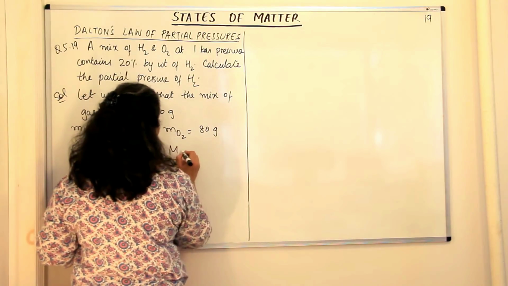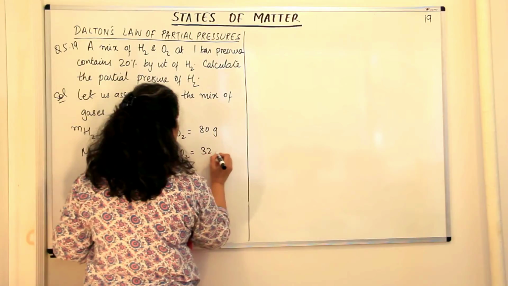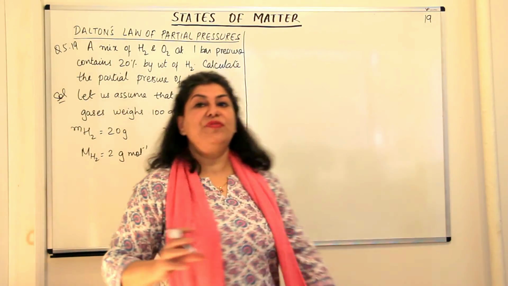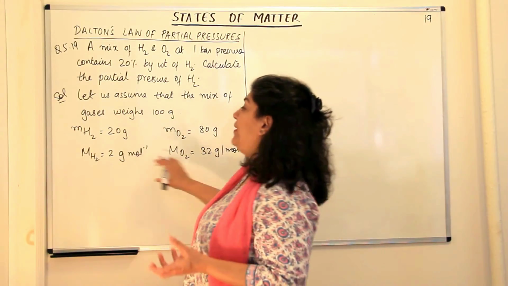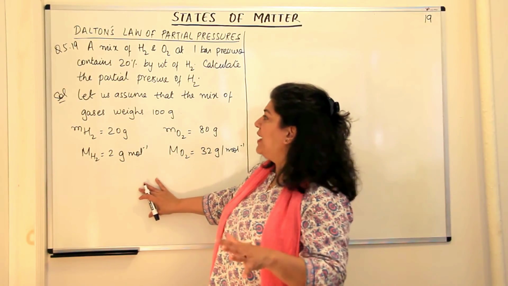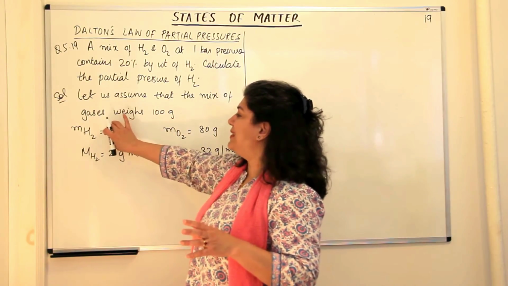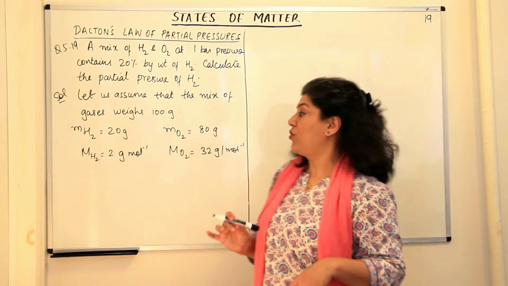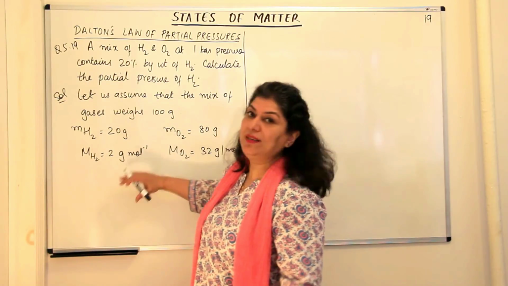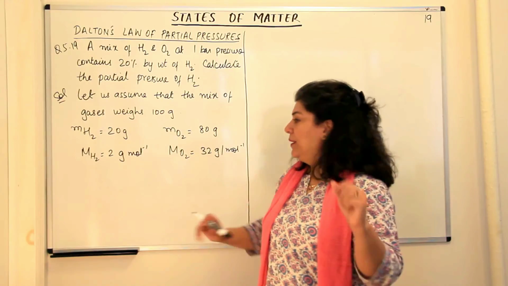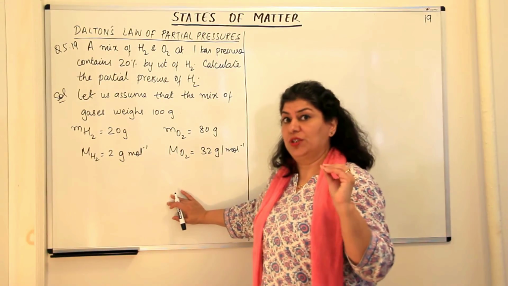Molar mass of oxygen is 32 grams per mole, right? So let us now first find out the number of moles of each gas in this mixture. If we had a mixture of 100 grams of the gases, out of which 20 grams was hydrogen and 80 grams was oxygen, then we would calculate the number of moles of both, so that we can calculate the mole fraction.